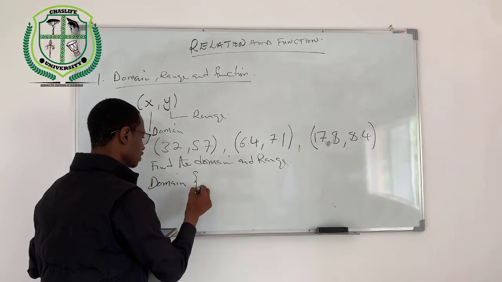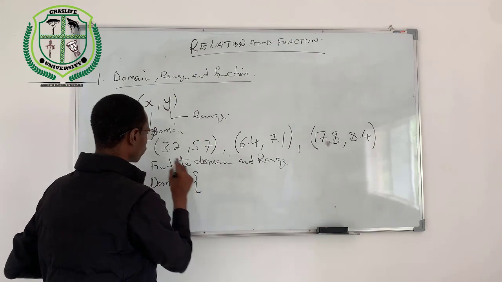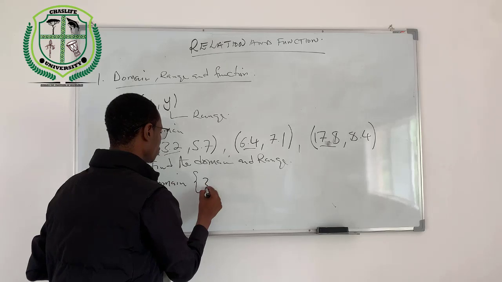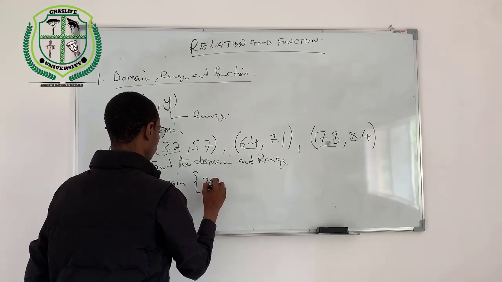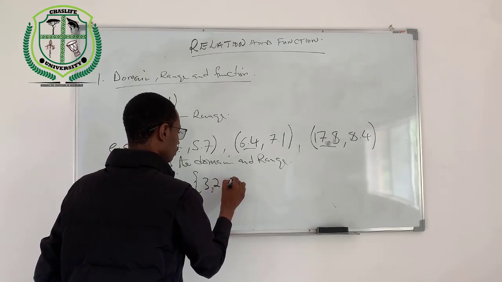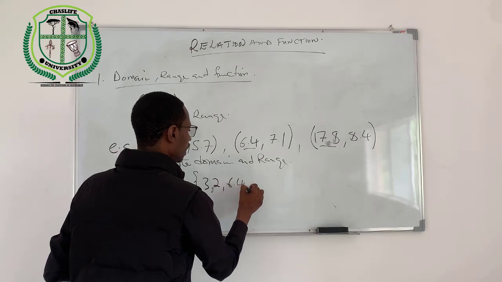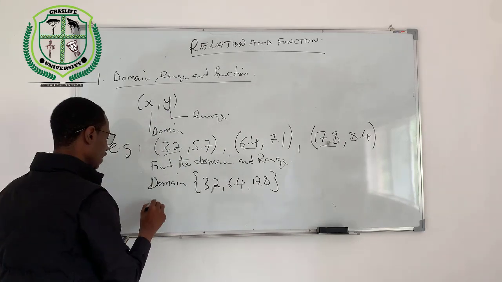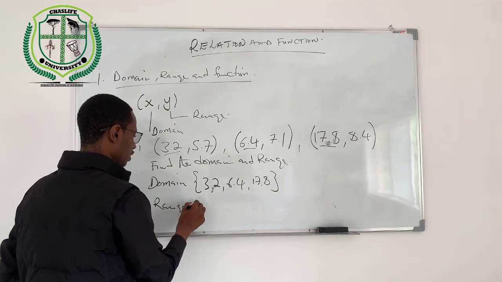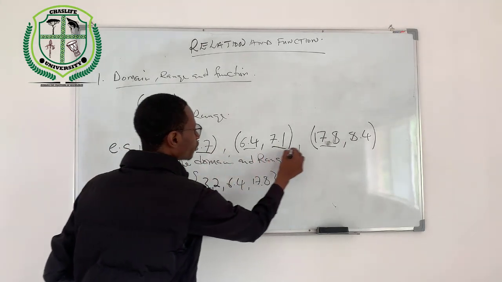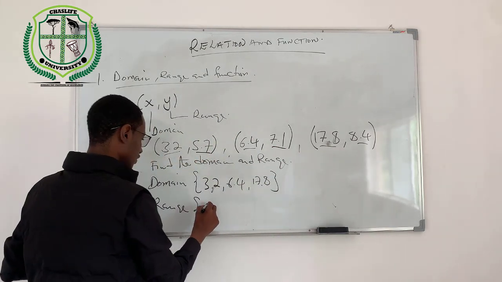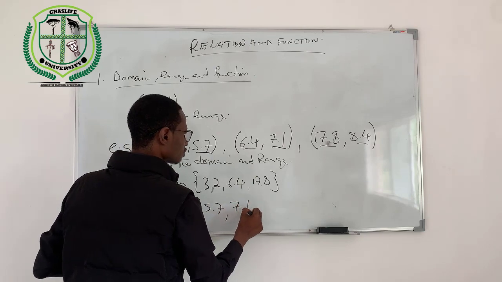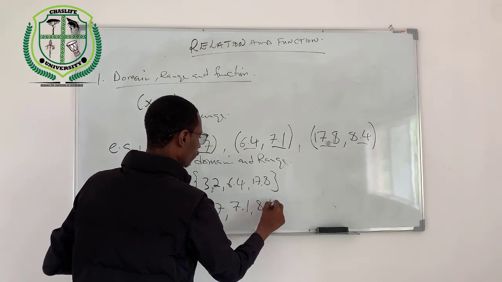Our set of domains, these are the domains, so our answer will be 0.2, 6.4, and 17.8. These are our domain, and our range is the second component: 5.7, 7.1, and 8.4.